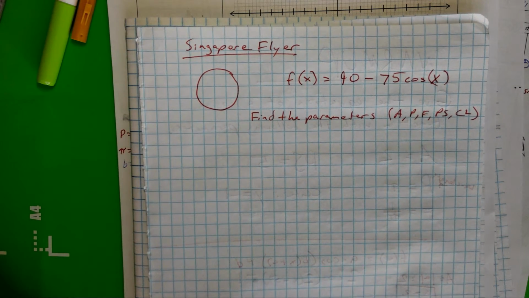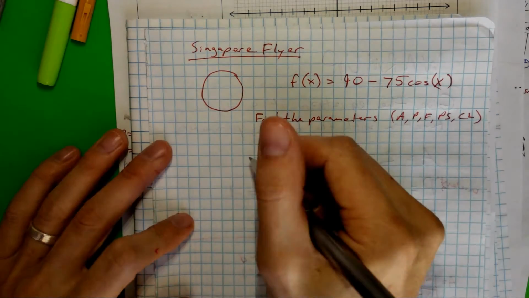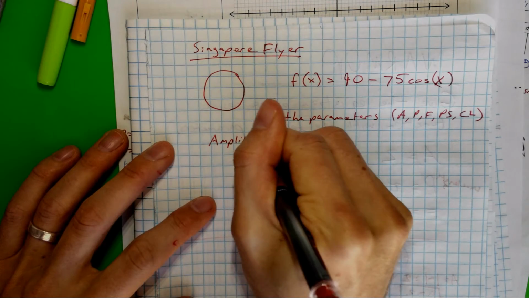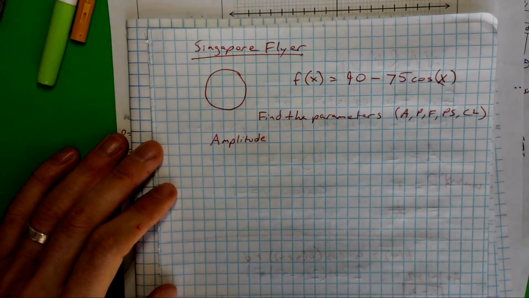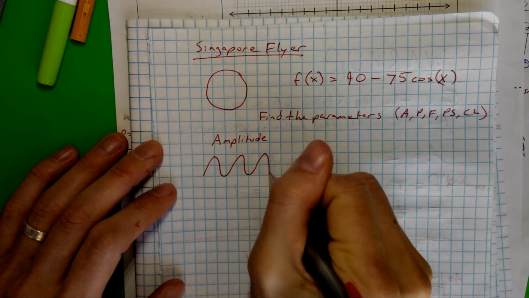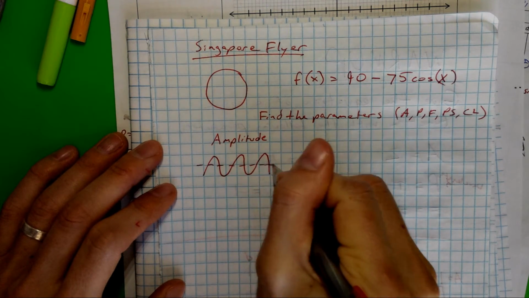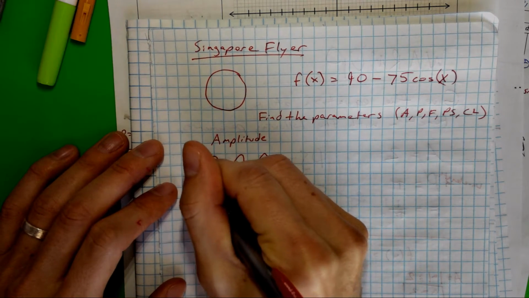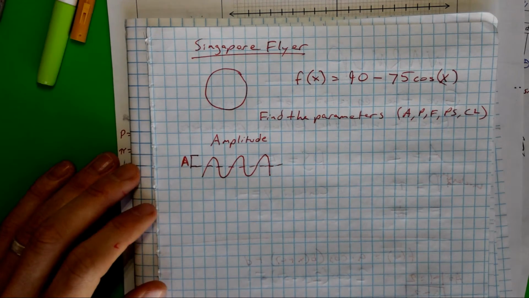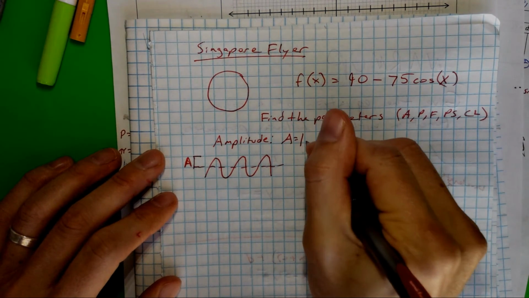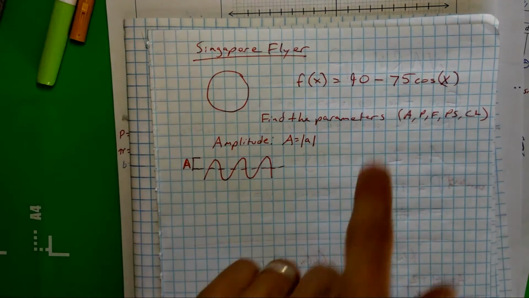So first, let's start with the amplitude. And for those of you who weren't here yesterday, the amplitude is how tall a wave is. And that's measured from the center up. Okay. And the amplitude is going to come from the A value in this equation.